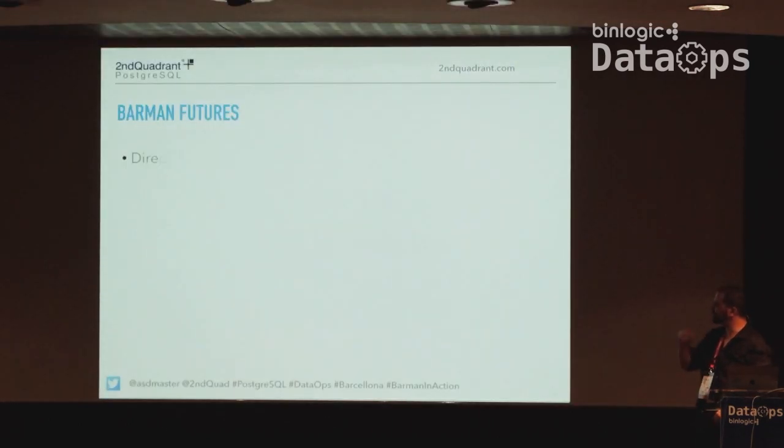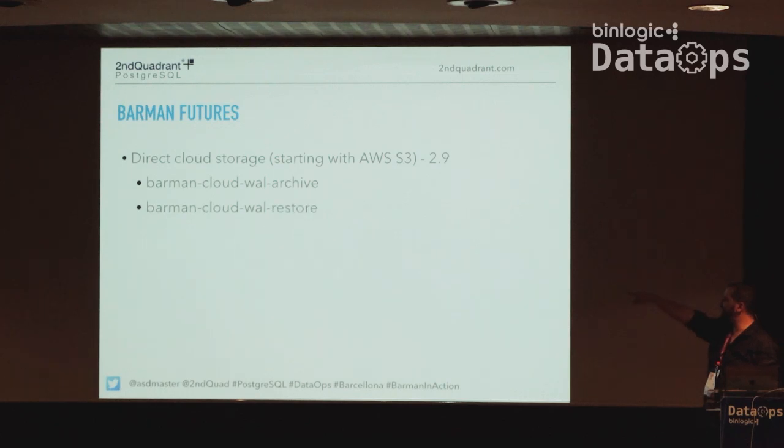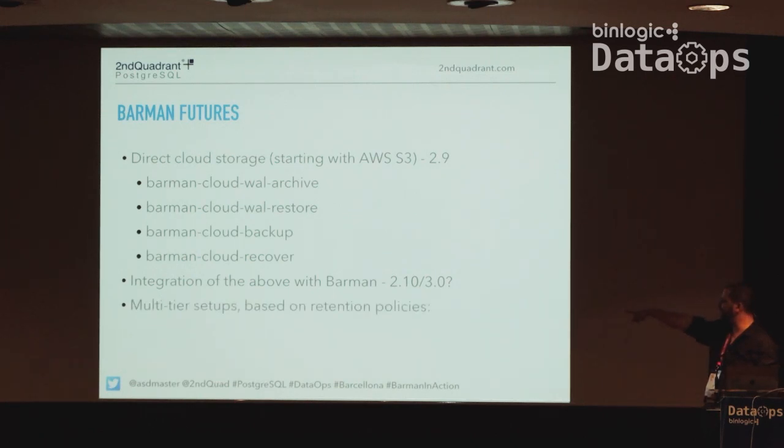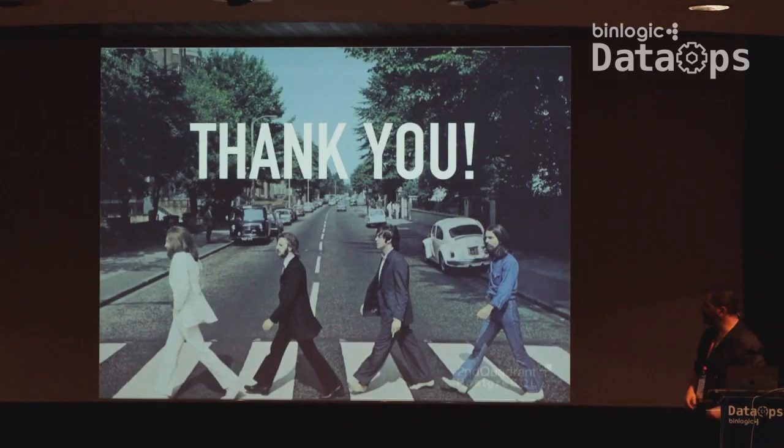In the future, as I was saying before, direct cloud storage, from the next version: barman-cloud-wal-archive, barman-cloud-wal-restore, barman-cloud-backup, barman-cloud-restore. In 2.10 or 3, probably we're going to add a multi-tier setup for retention policies, for example you have a local compressed backup, and when it's outside the recovery window you can move it to the cloud. So you have a local backup, and when it's too old, it is copied automatically to the cloud.